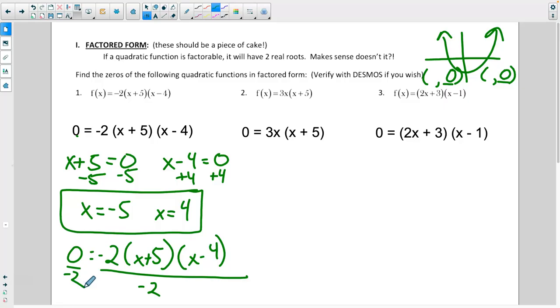What's 0 divided by -2? 0. So now I have 0 is equal to x plus 5, x minus 4. If there is only a number out there, it has no effect on the problem if we're just solving for x. Does that make sense? Okay.